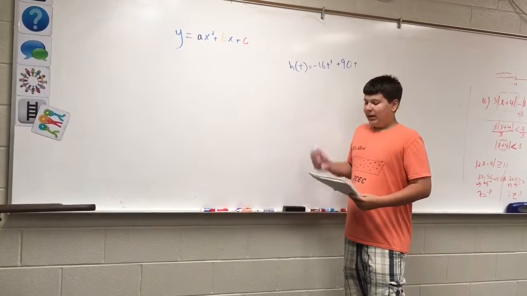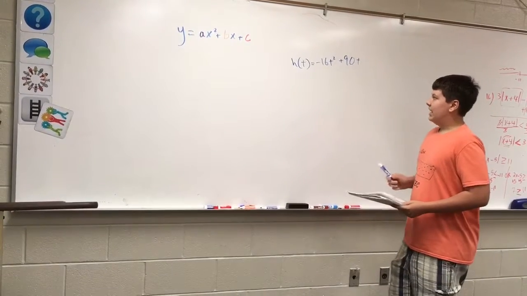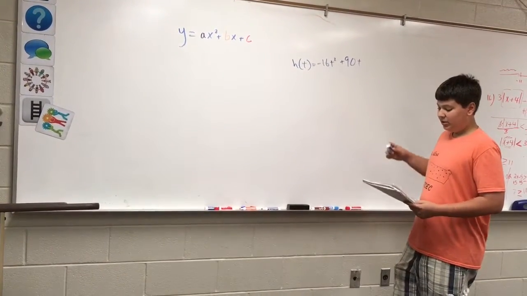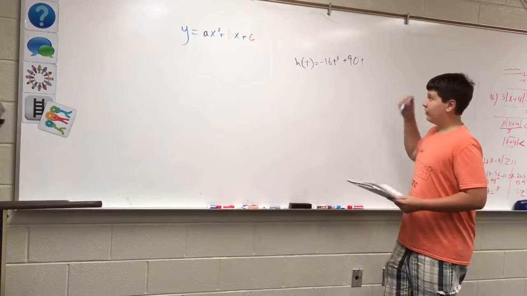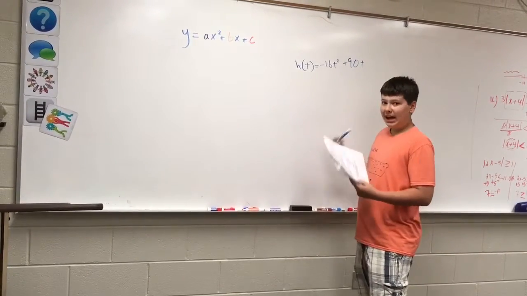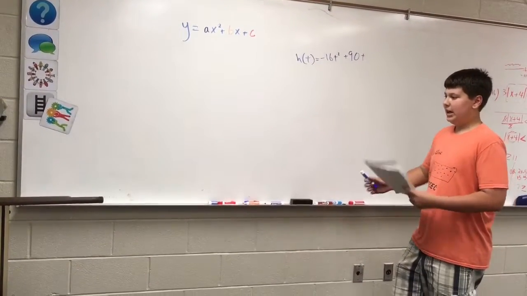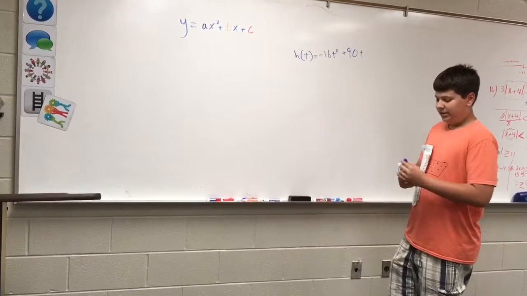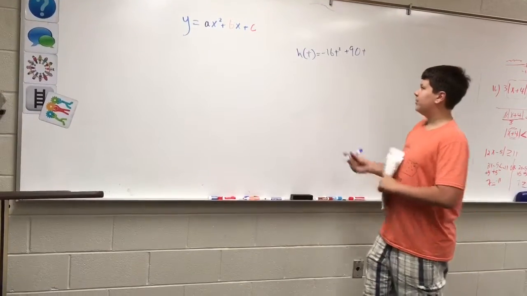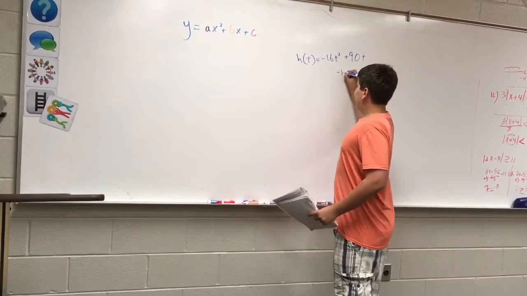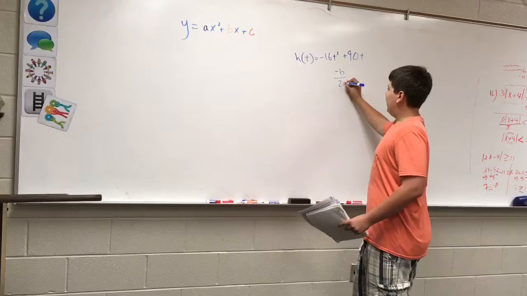So you want to know how many seconds it will take for the ball to reach its maximum height. To do this, you're going to find the vertex, and you're going to use negative b over 2a.